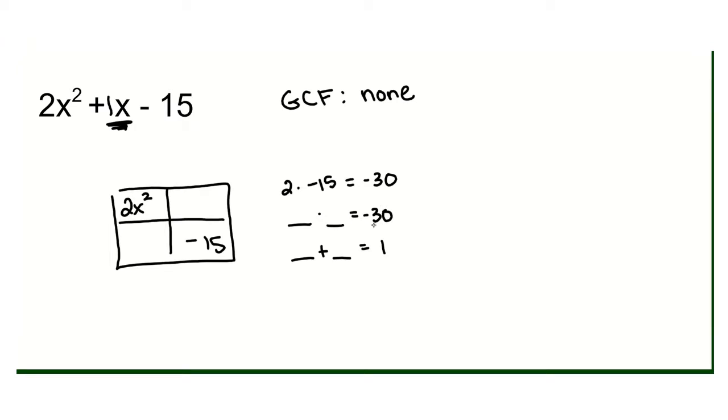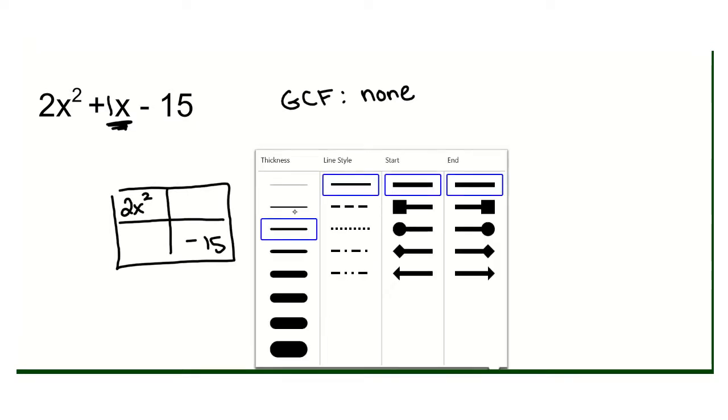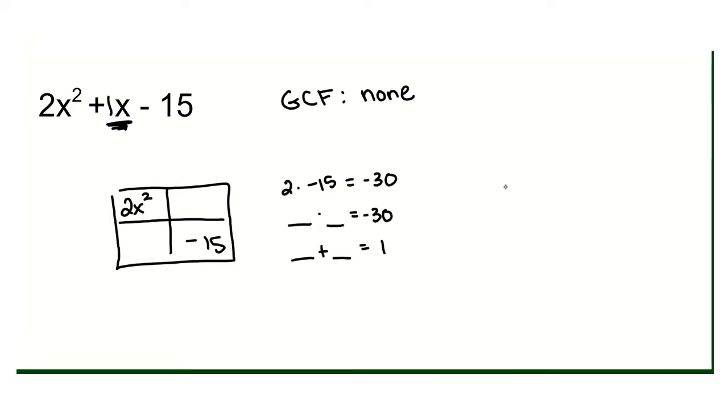So we're looking for factors of negative 30 that add to 1. If you struggle with finding the factors, then I recommend that you write out a list. So let's write out our list of factors of 30. The numbers that multiply to 30 are 1 times 30, 2 times 15, 3 times 10, and 5 times 6.